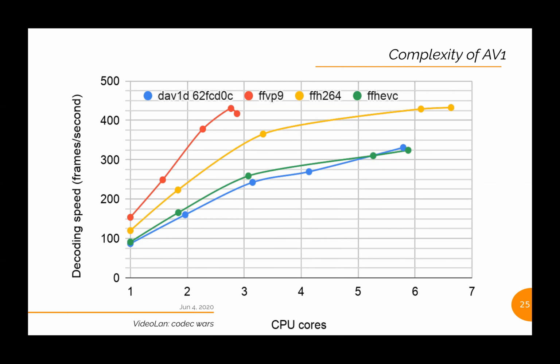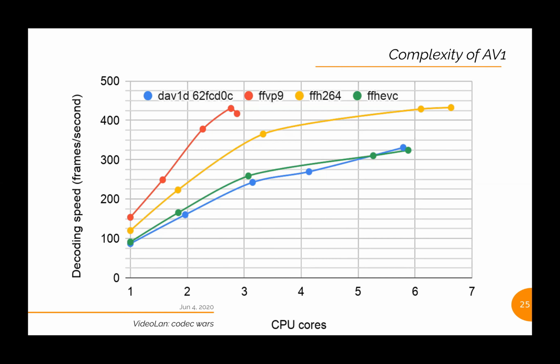Especially because depending on how AV1 or other codecs are structured, some are way easier to optimize for, especially with more threading options. For example, FFVP9, which is a very fast VP9 decoder, which was the base of Dav1d for AV1, is actually quite a bit faster than FFH264, which is the FFmpeg H264 decoder, which was also quite well optimized.